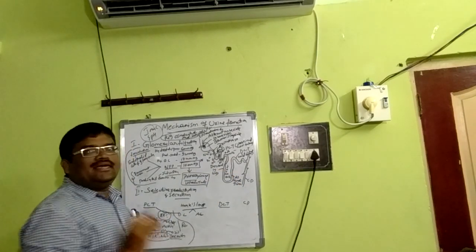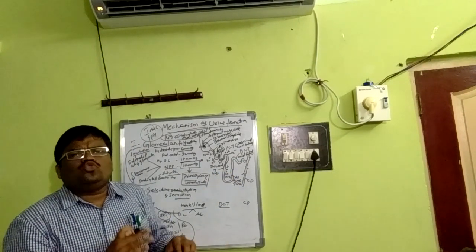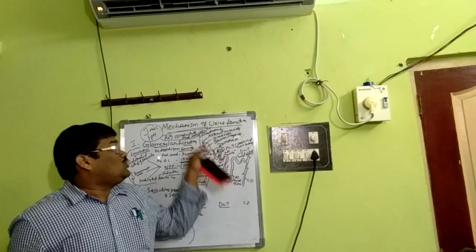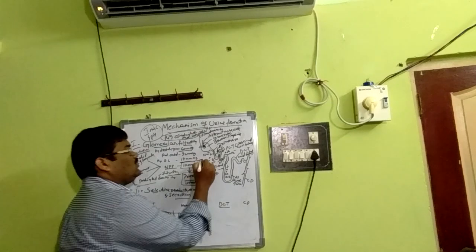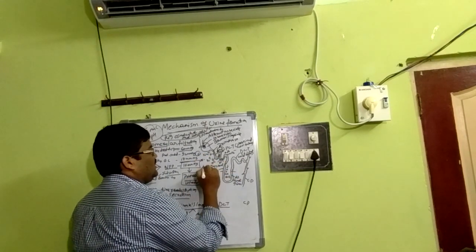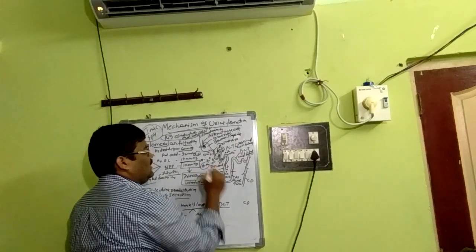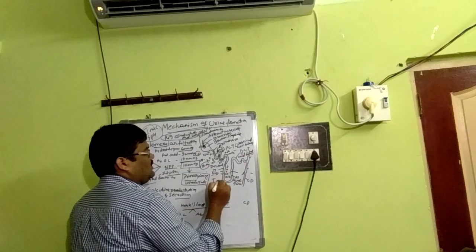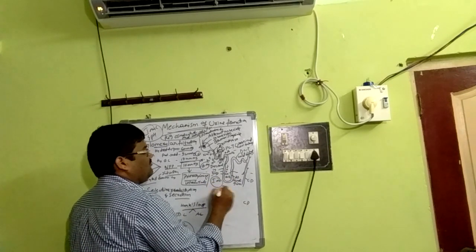In the descending limb, unlike PCT, not too much reabsorption will take place, but this Henle's loop, as I told you, creates hyperosmolarity. The PCT is in the cortex part, and this is the outer medulla, and this is the inner medulla. Okay, three different phases.